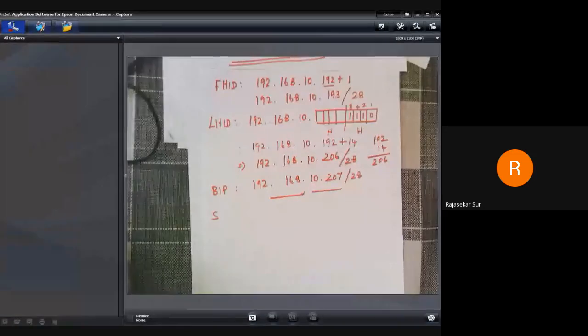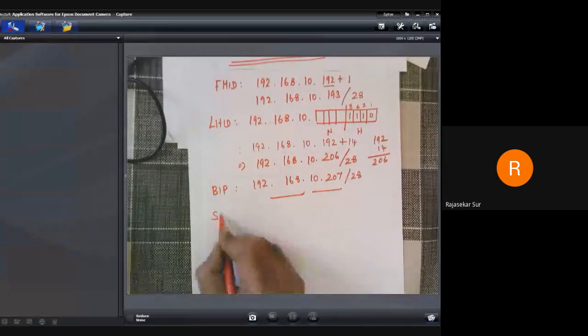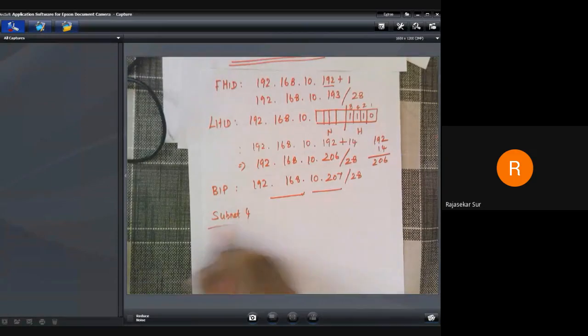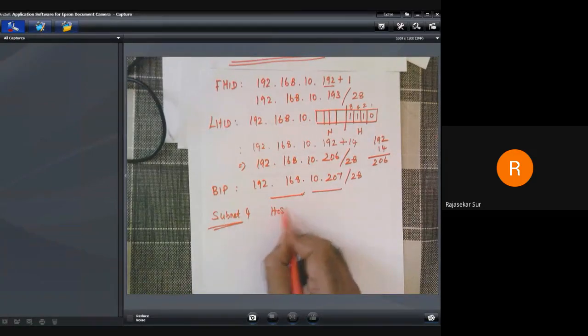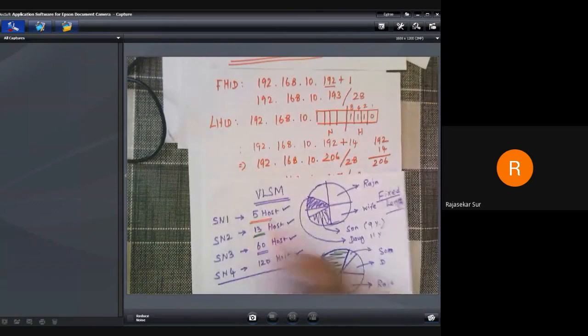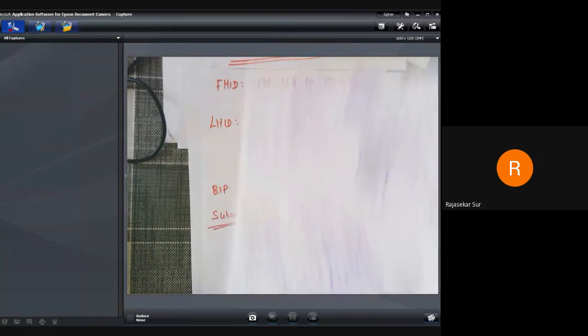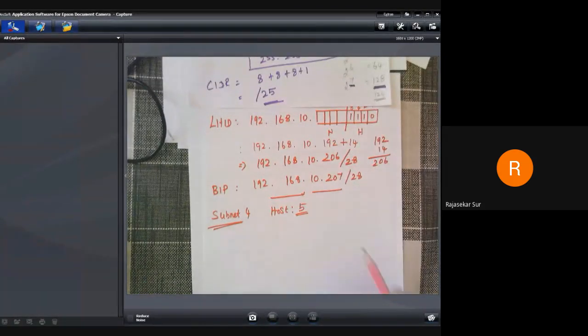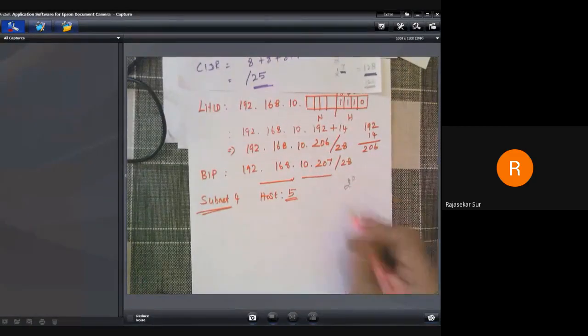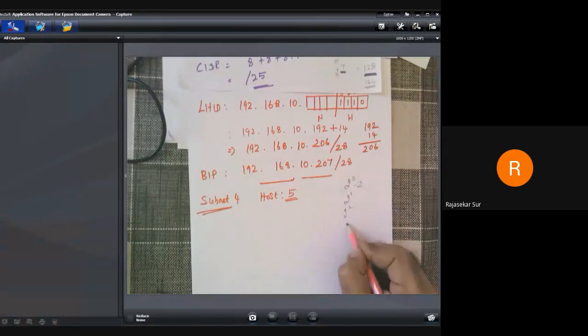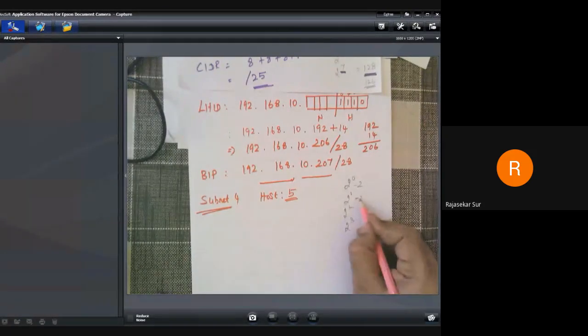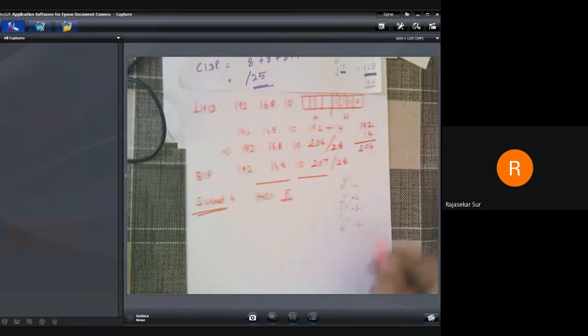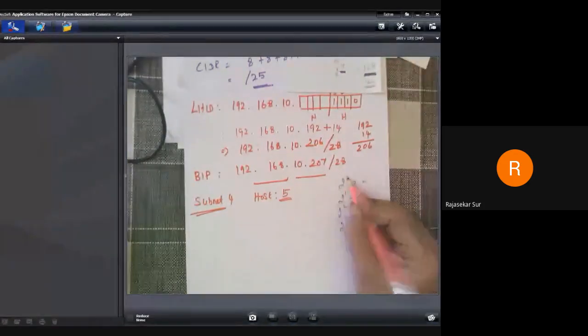So the last subnet. How many networks do you need? Subnet 4. How many hosts? You can see we need only 5 hosts. So host is 5. Now I'm going for 2 to the power of 0, minus 2, 2 to the power of 1, 2 to the power of 2, 2 to the power of 3, minus 2, because this is host. 2 to the power of 0, no need to calculate this.